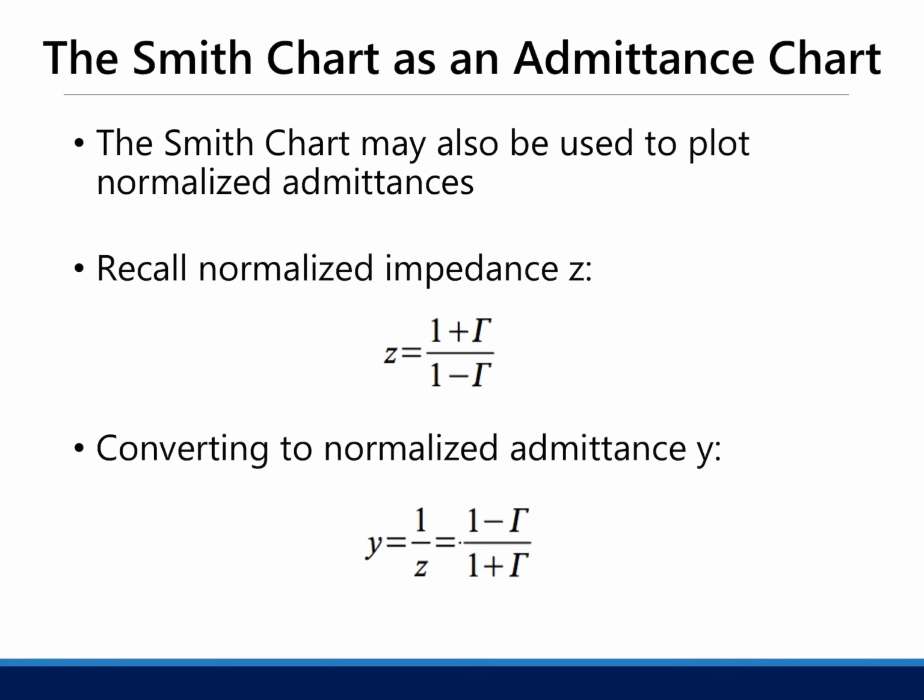So we can also use the Smith chart to plot admittance. In the previous discussion, we used a normalized impedance mapped to some gamma. But we can also plot the admittance, which is the reciprocal. Just note that this reciprocal can be rewritten as something like this.